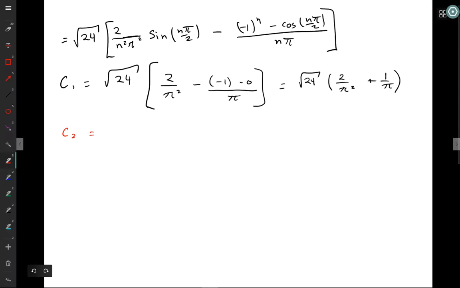C sub 2. Now we put in n equals 2. We still have square root of 24 on top. And I'm going to have 2 over 4 pi squared times sine of pi, which is 0. So let me just erase that since sine of pi is 0. I'm going to have minus 1 squared, which is +1.